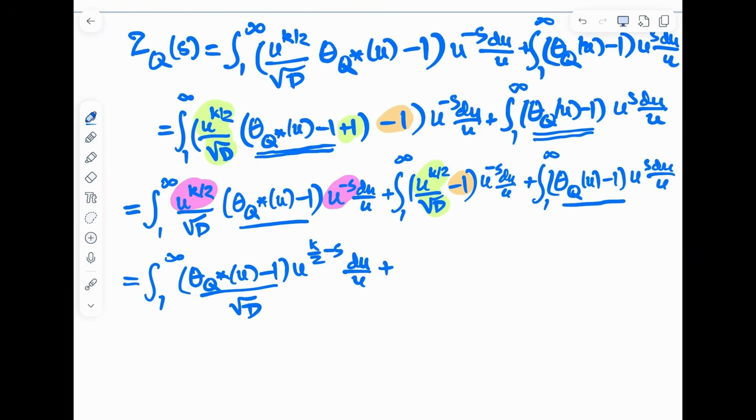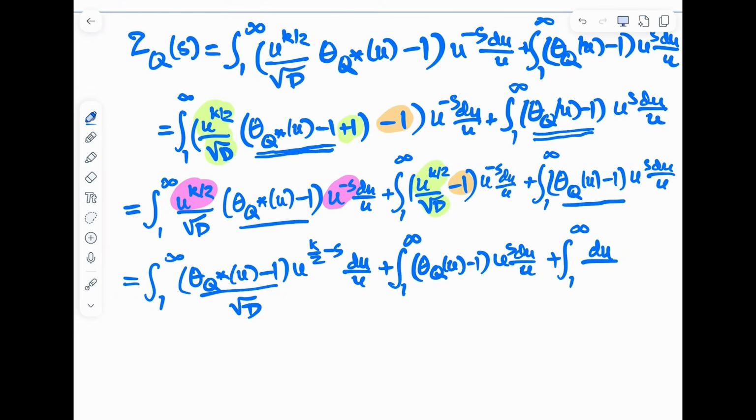Then I'm going to bring the third integral closer to here. And now I'm going to put the middle integral at the end. And what I would like to do, I have a difference of terms.